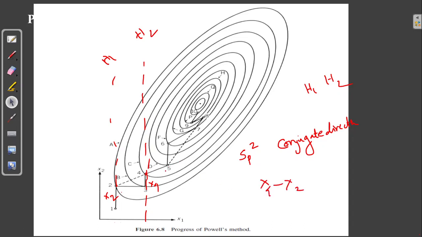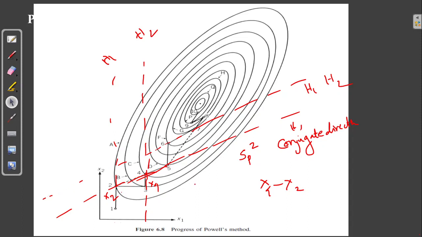Now we again define two hyperplanes like this. This is h1 and this is h2.